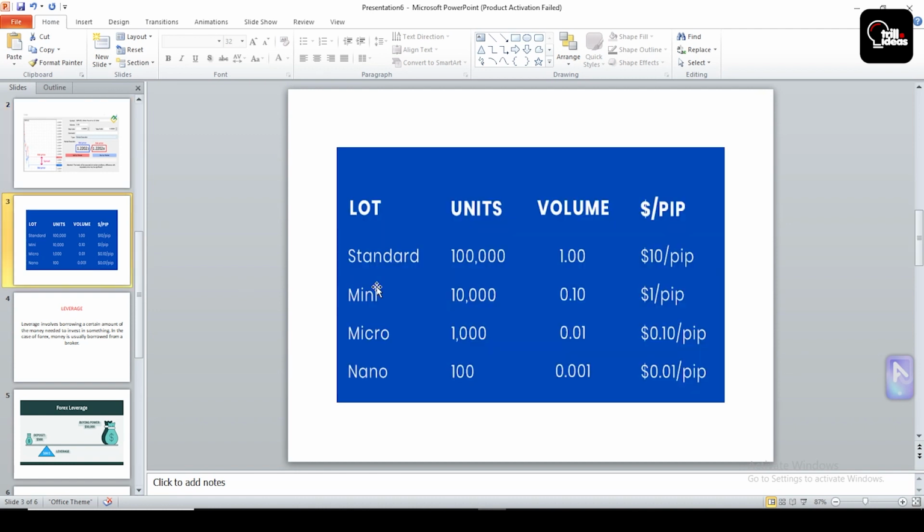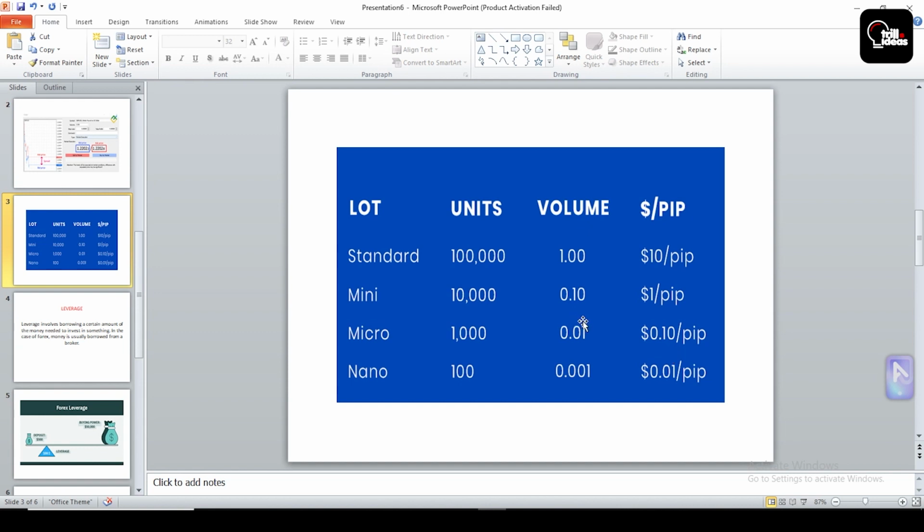So while selecting your lot size, ensure you do a proper calculation of everything, because for this 0.01, if there's a pip movement in your favor, you'll be making 10 cents. And if there's just one pip against you, you'll be losing 10 cents.